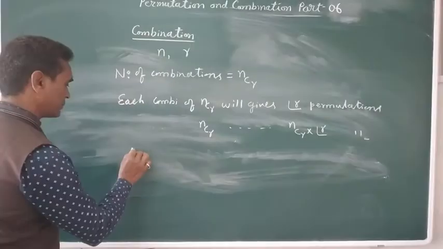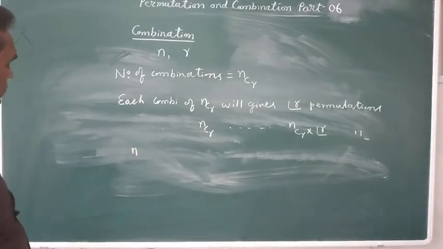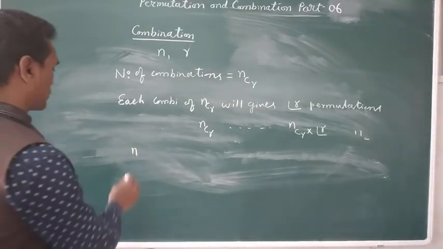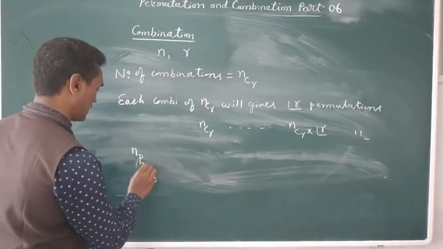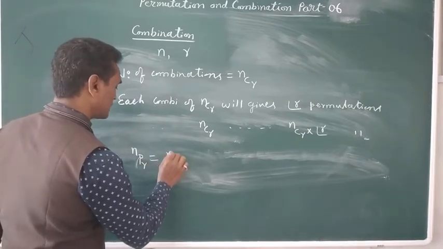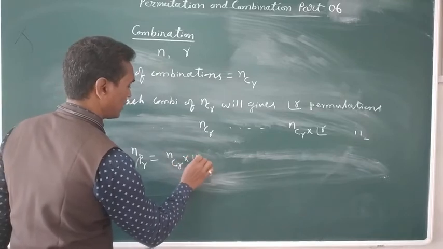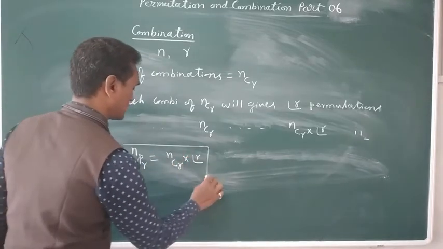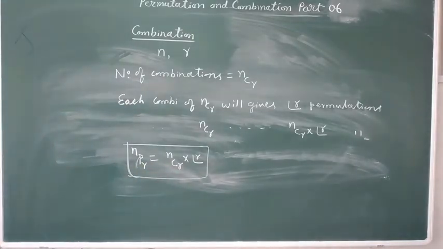If there are n things and we have to form permutations of r things, the number of such permutations will be nPr. nPr is equal to nCr into factorial r. So this is the relation between the number of permutations and the number of combinations.